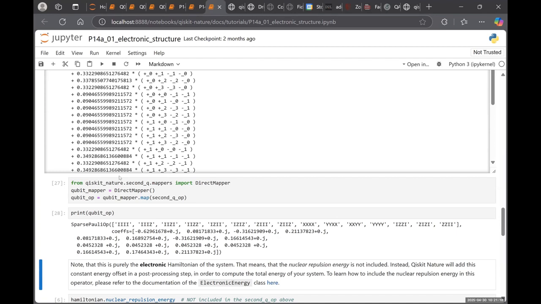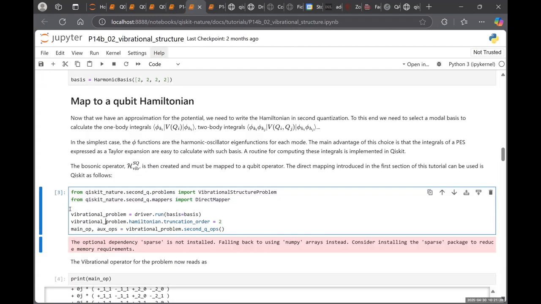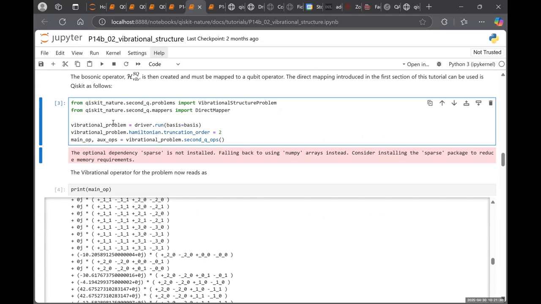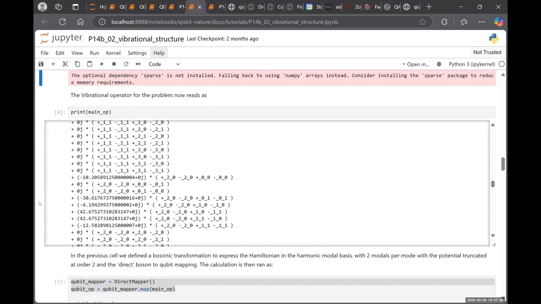Okay, so this is to show it in this Pauli basis. Yeah, even if you don't have full knowledge of the background, like I also don't, you can still play with the code.